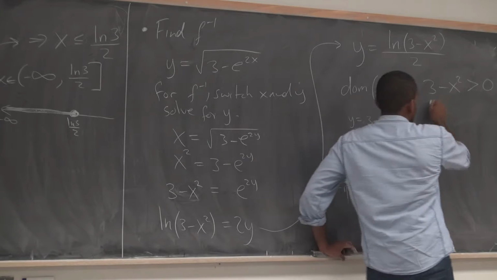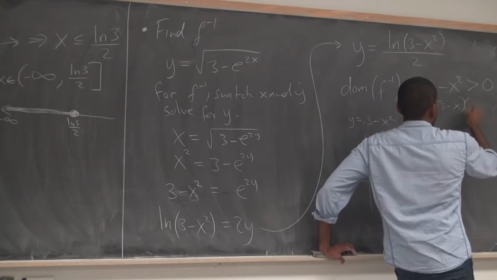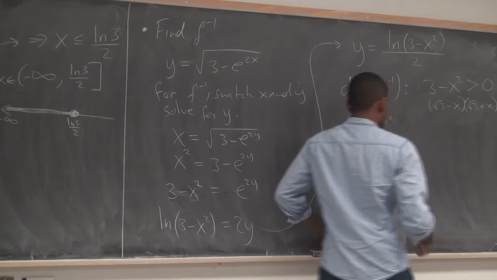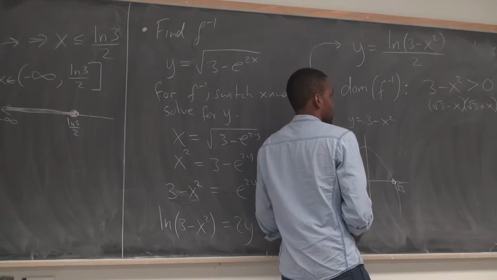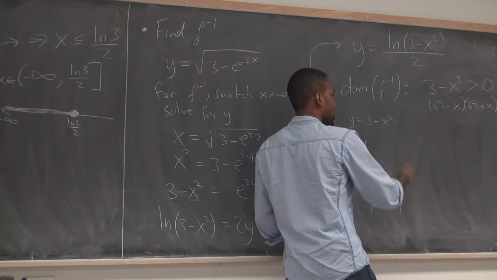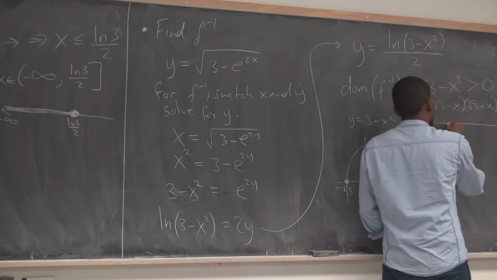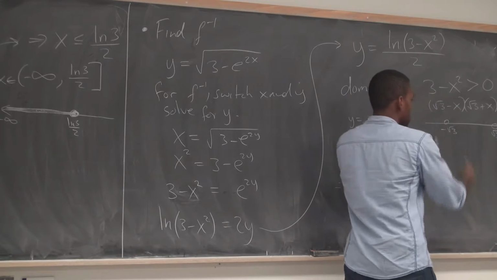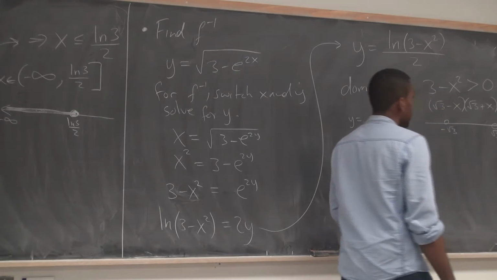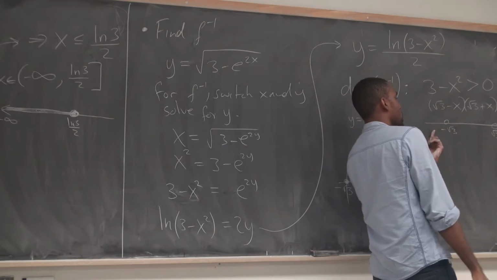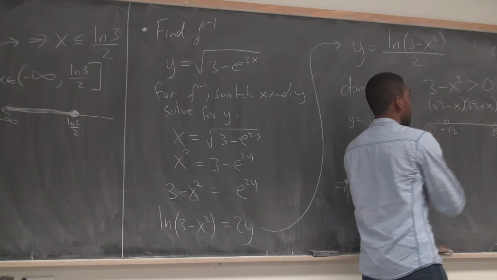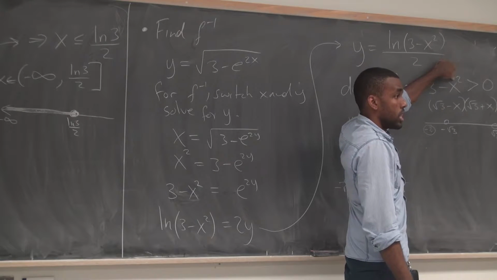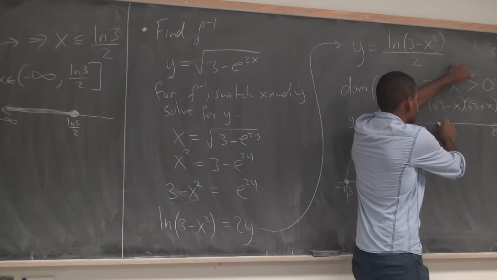Another way you can look at it is you could have factored this as radical 3 minus x times radical 3 plus x, and then you'd still get these two points that way. But then you have to test the intervals, right? You plug in numbers. If I plug in minus 2, I get 3 minus 4, which is negative, so it doesn't work.